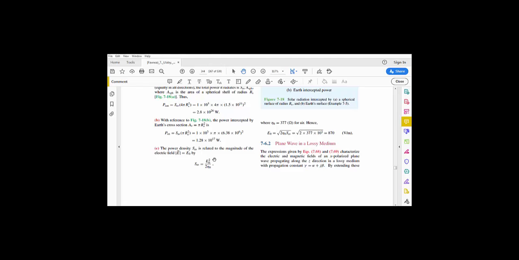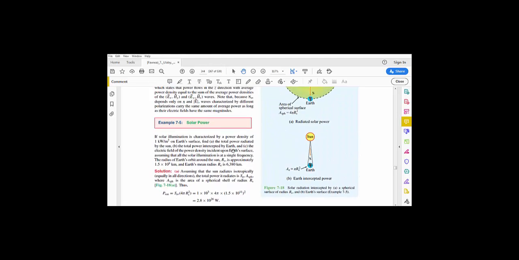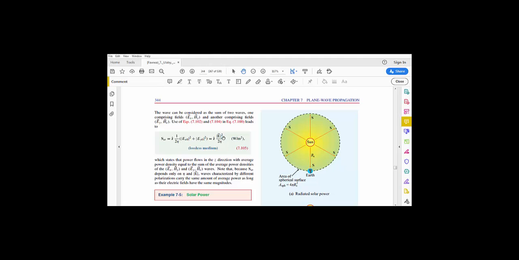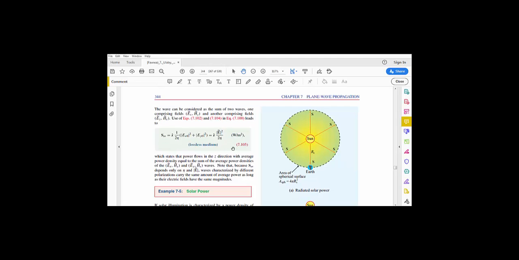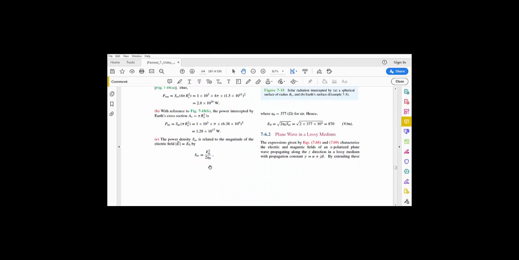Also, from these relations, we could calculate the electric field of the power radiated by the sun. The power density is equal to 1 kilowatt per meter square. Here we need the intrinsic impedance, and we are talking about the medium between earth and sun.